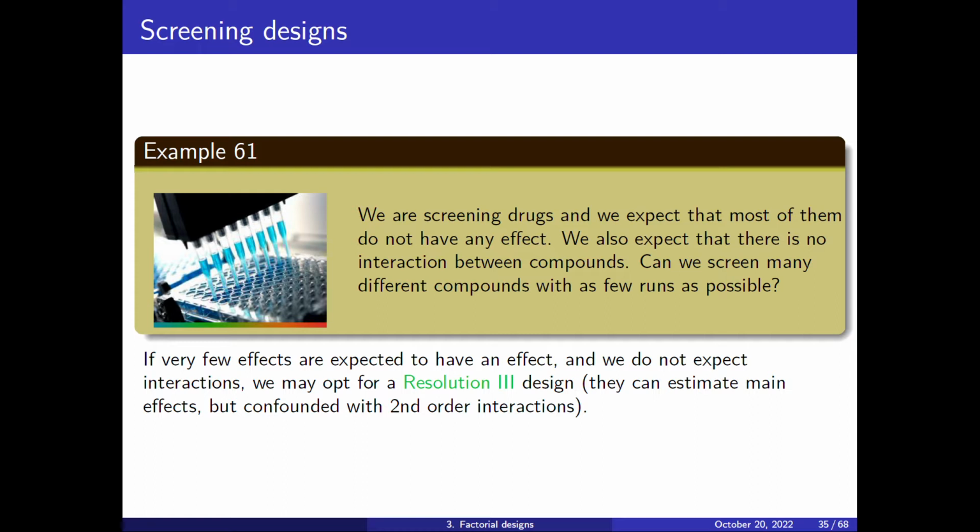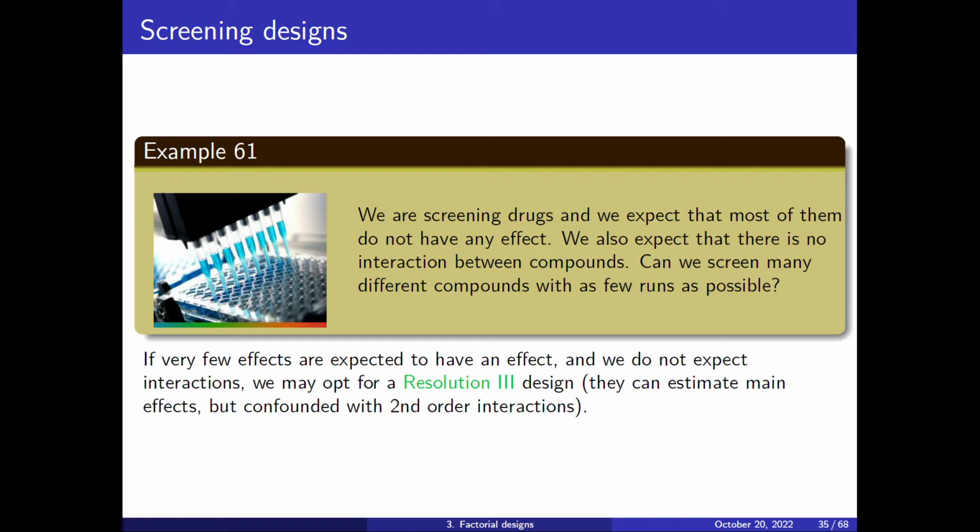If very few effects are expected, we do not expect interactions probably. So we may go for a resolution 3 design, that is, we will be able to estimate the main effects, but they are confounded with second order interactions.